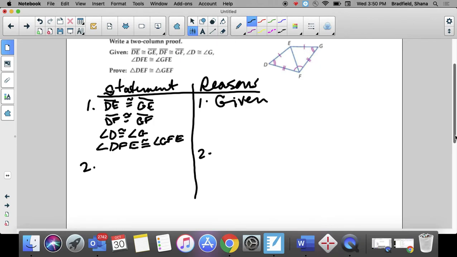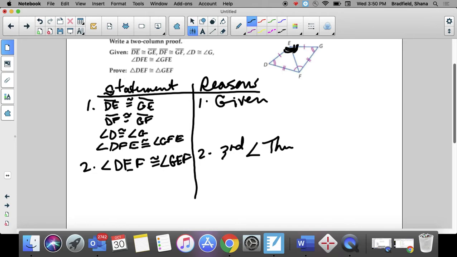So by the third angle theorem, I know that the third angles are congruent. So angle DEF would be congruent to angle GEF. And that's the third angle theorem, because if I know that 2 pairs of corresponding angles are congruent in a triangle, the third one has to be. So now I have congruent parts there.